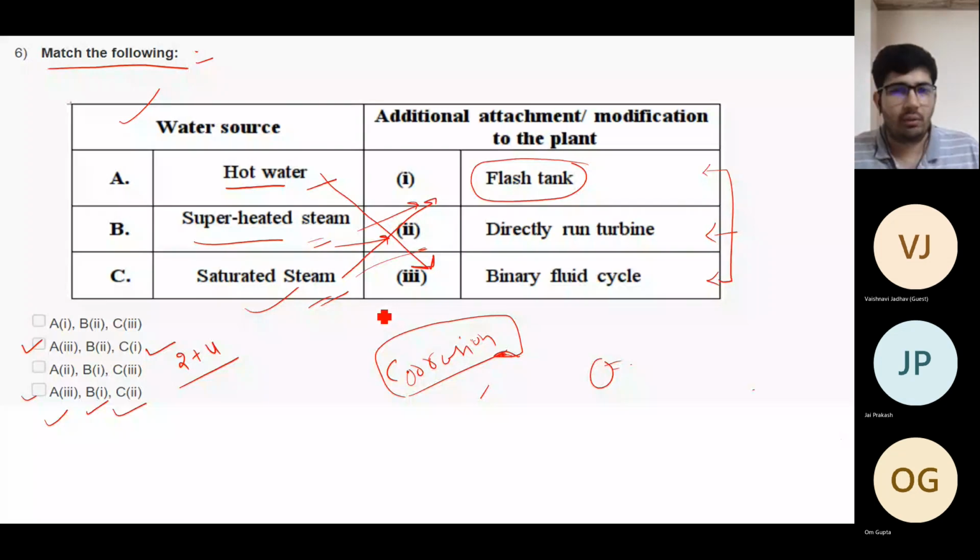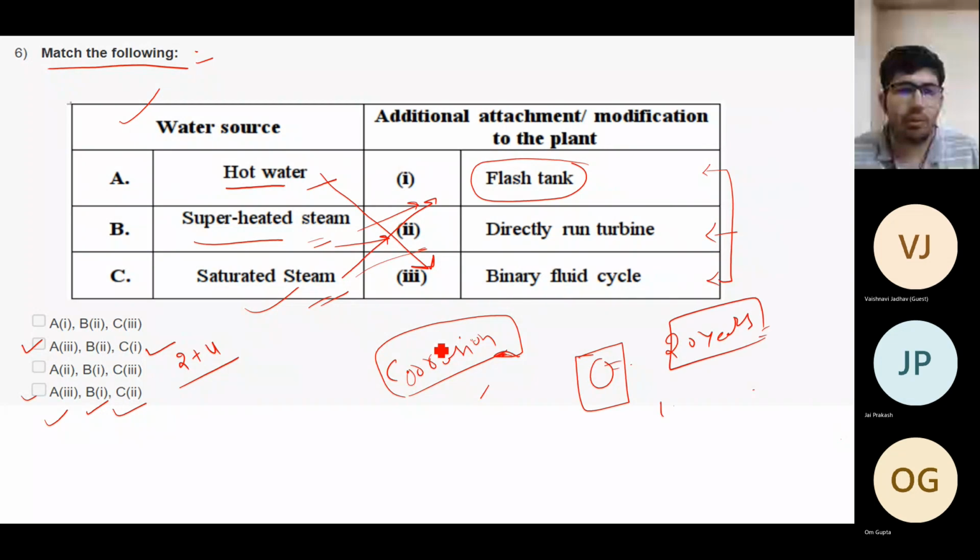If there is corrosion, they will last only maybe 1 year, maybe 6 months. After that they will be damaged, and turbines are very costly. Whenever you are installing a turbine, you are installing it for more than 20 years, because only after maybe 10 or 15 years will you get your money back. There is a payback period.